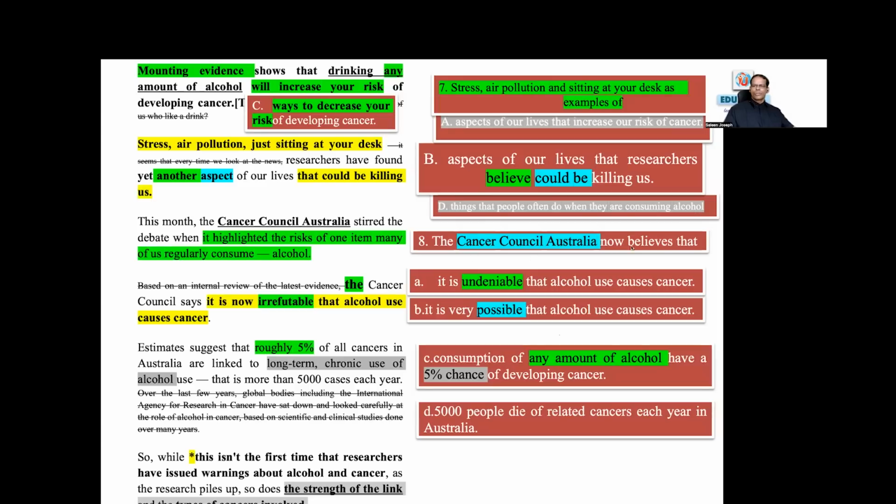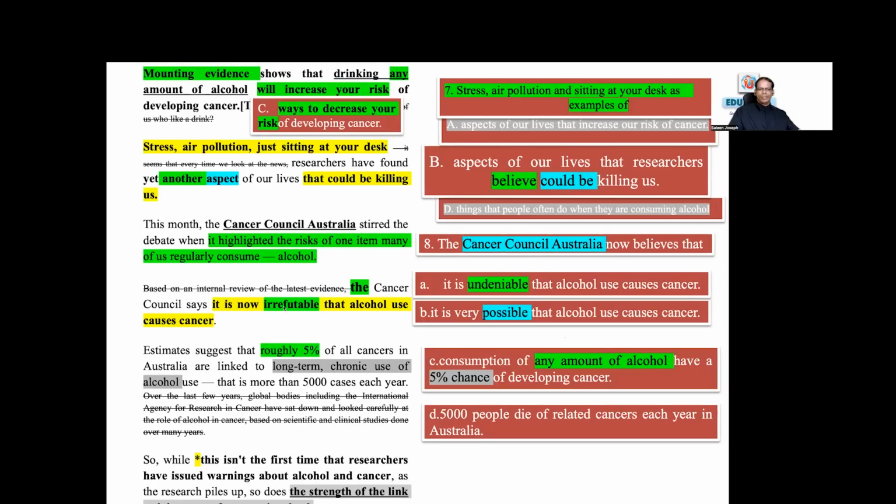Now, the Cancer Council of Australia now believes that, okay, Council of Australia name, still the debate when, believes, still the debate. Debate means there is a controversy going on. It is undeniable, irrefutable, and this is important for your writing. The Cancer Council. Why did they say the Cancer Council? It means Cancer Council of Australia.